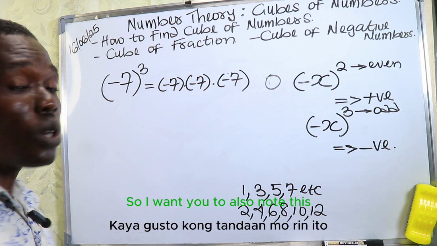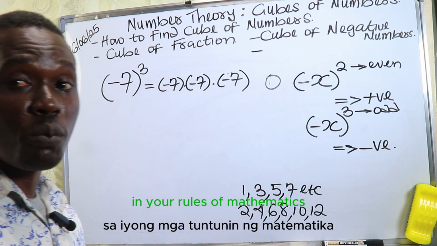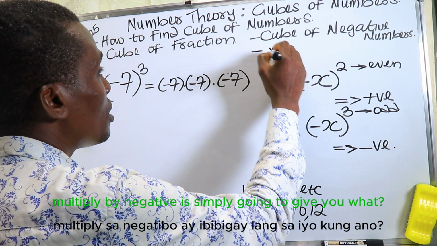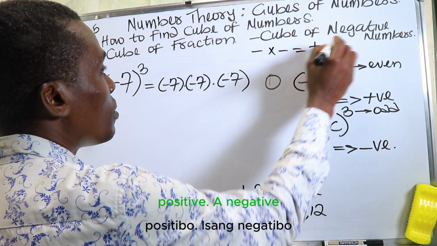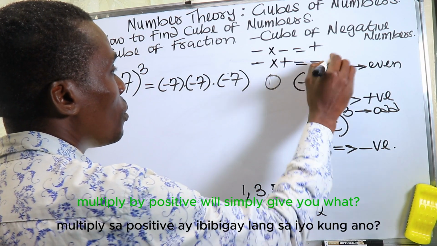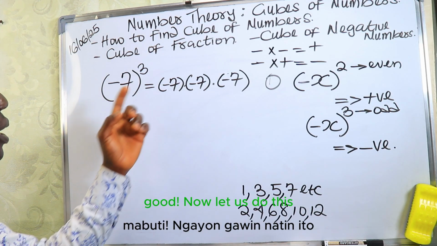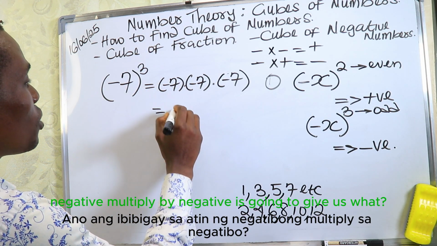So I want you to also note this. In your rules of mathematics, you must have been taught the multiplication of signs. Negative multiplied by negative is simply going to give you what? Positive. And negative multiplied by positive will simply give you what? A negative sign. Right? Good. Now let's do this. Negative multiplied by negative is going to give us what?